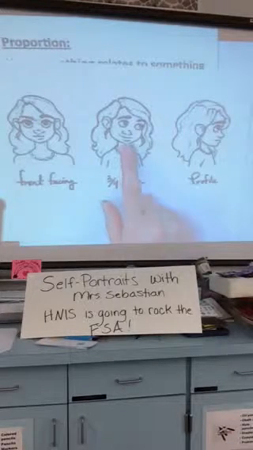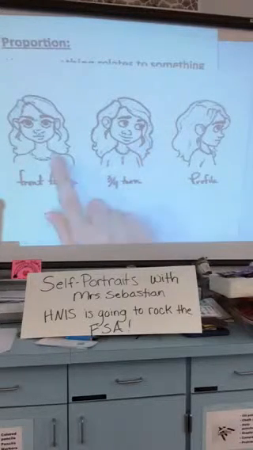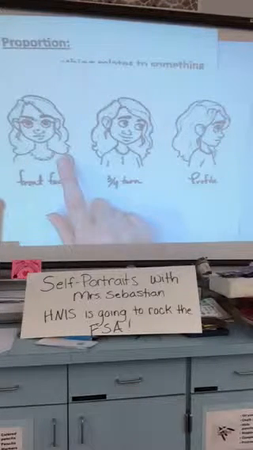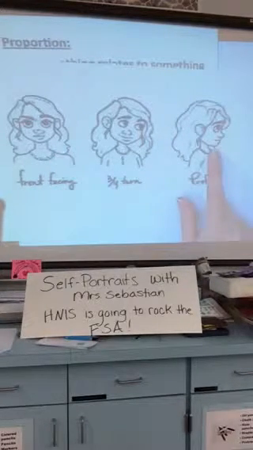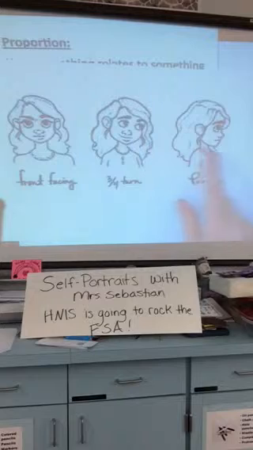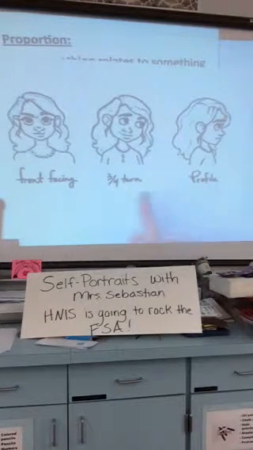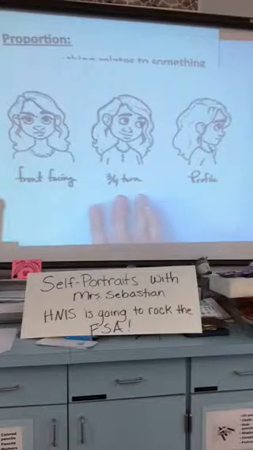So if this was the 3/4, this was the front, that was kind of like the whole view. What could this one be? Well, this one would probably also be called a half view, wouldn't it? Because we only see half of her face and ear there. Absolutely. So profile, 3/4, and front facing.